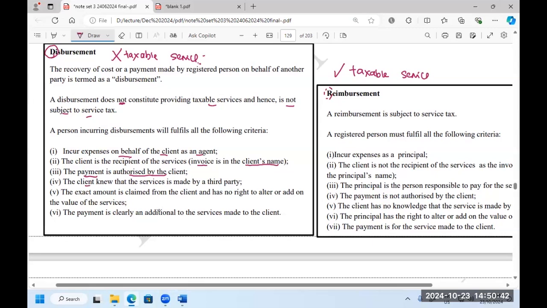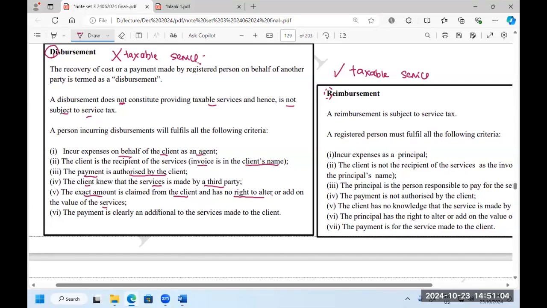The client knows the service is made by a third party. So then the exact amount is claimed from the client. The legal firm has no right to alter or add on to the value of the services. The payment is not a taxable service.